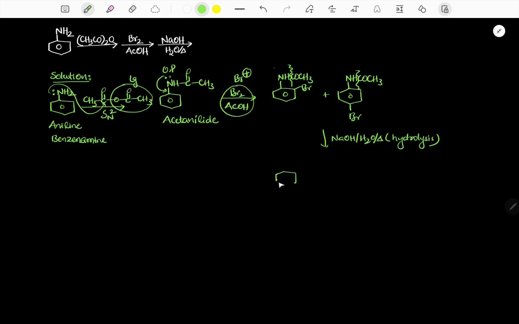And we get corresponding product like this: NH2, Br and the leaving group is CH3COOH. NH2, para position Br, CH3COOH. The first reaction is N-acylation, second reaction is electrophilic aromatic substitution, and third reaction is hydrolysis.